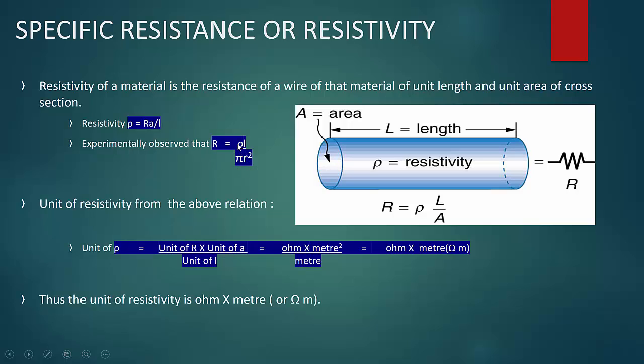So what is rho? Rho becomes R into A, where pi r square is A, the area of cross section, so rho is RA by L. So resistivity becomes RA by L.